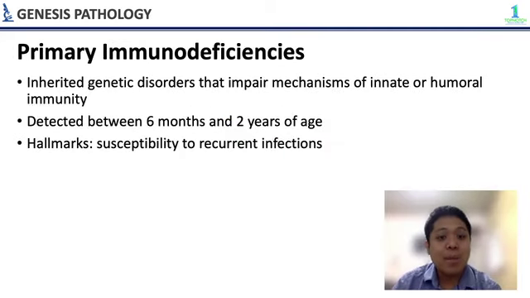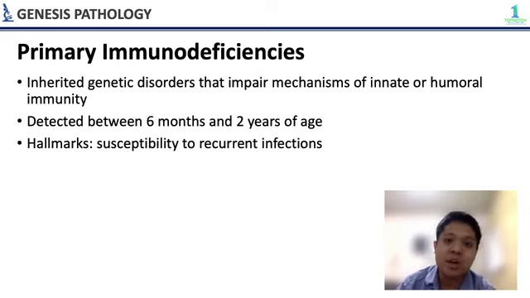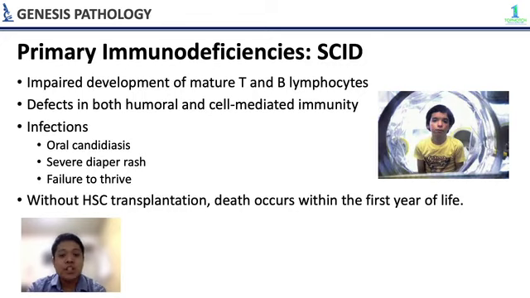So we'll tackle primary immunodeficiencies. These are inherited genetic disorders that impair mechanisms of innate or humoral immunity. It is detected between 6 months and 2 years of age because less than 6 months, meron ka pang maternal antibodies and yung hallmark niya is susceptibility to recurrent infections. First, you have SCID, which is an impaired development of mature T and B lymphocytes.